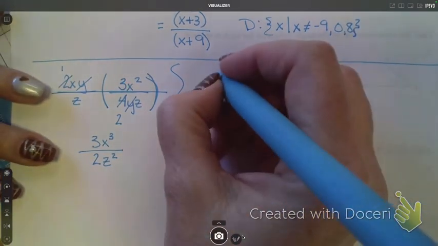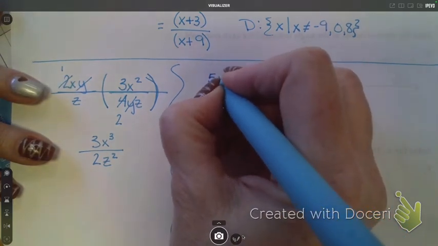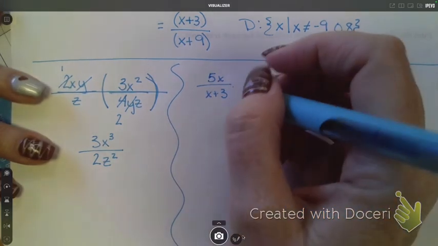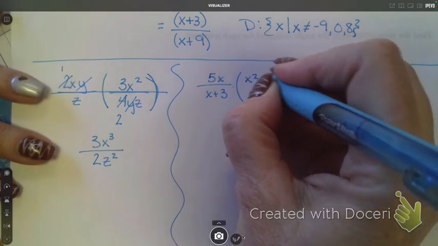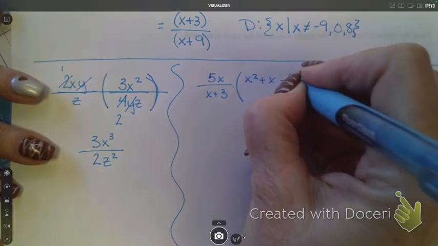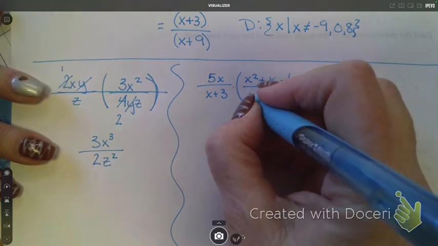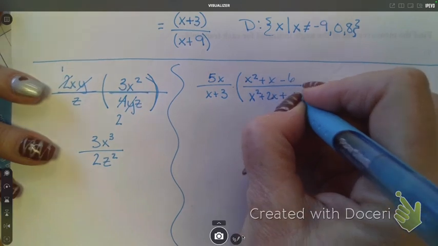So 5x over x plus 3, times x squared plus x minus 6 over x squared plus 2x plus 1.